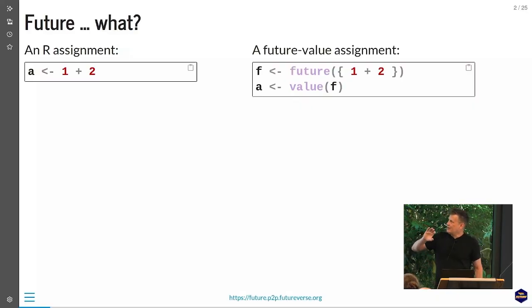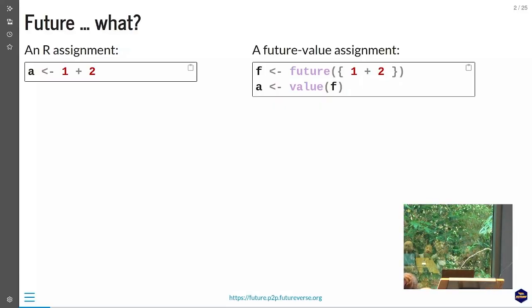So you can wrap this 1 plus 2 inside a future, you give R that thing, and you get a handle f to that future. And later you say, I want the value of this, okay? So the analogy here is that you have the 1 plus 2, that's the expression.